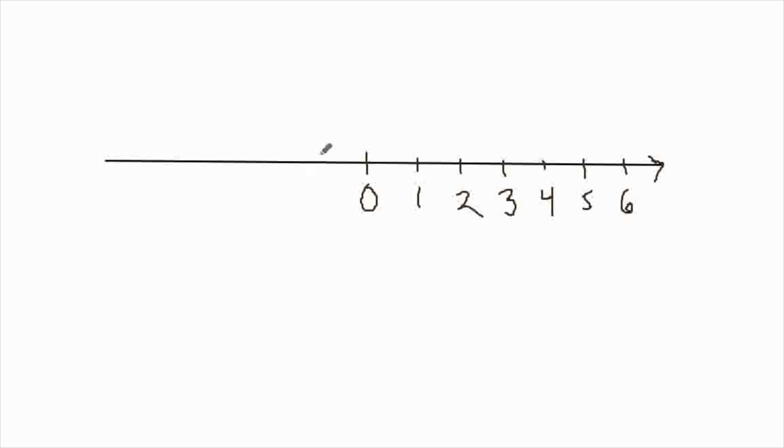And then on the other side I'll put the negative numbers starting from 0 moving to the left. So -1, -2, -3, -4, -5, -6, and once again I'll put an arrow to denote that I intend you to think of it as if I continued it indefinitely to the left. So this is called a number line.